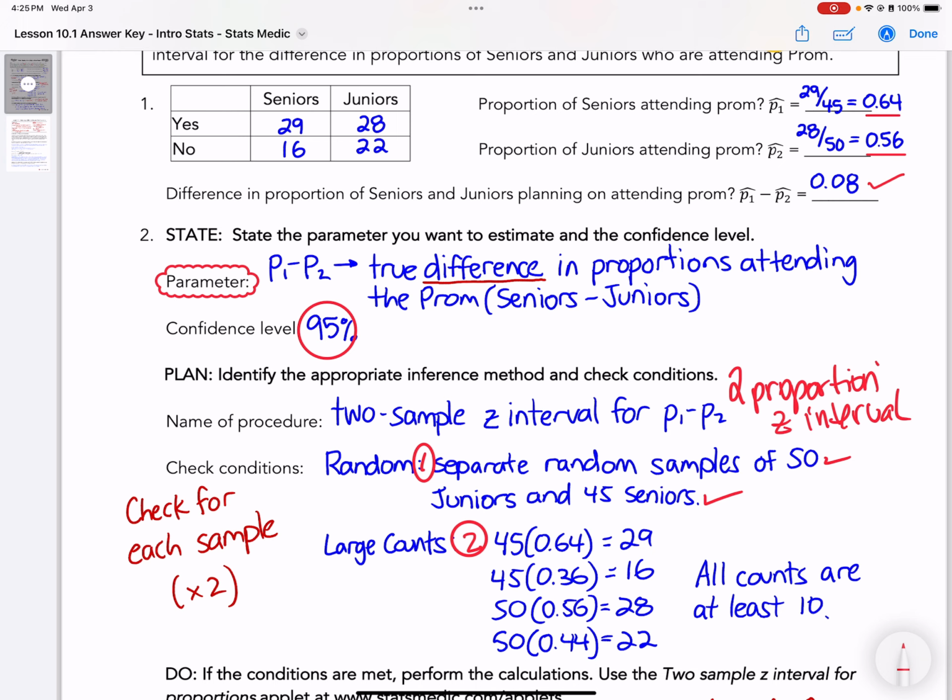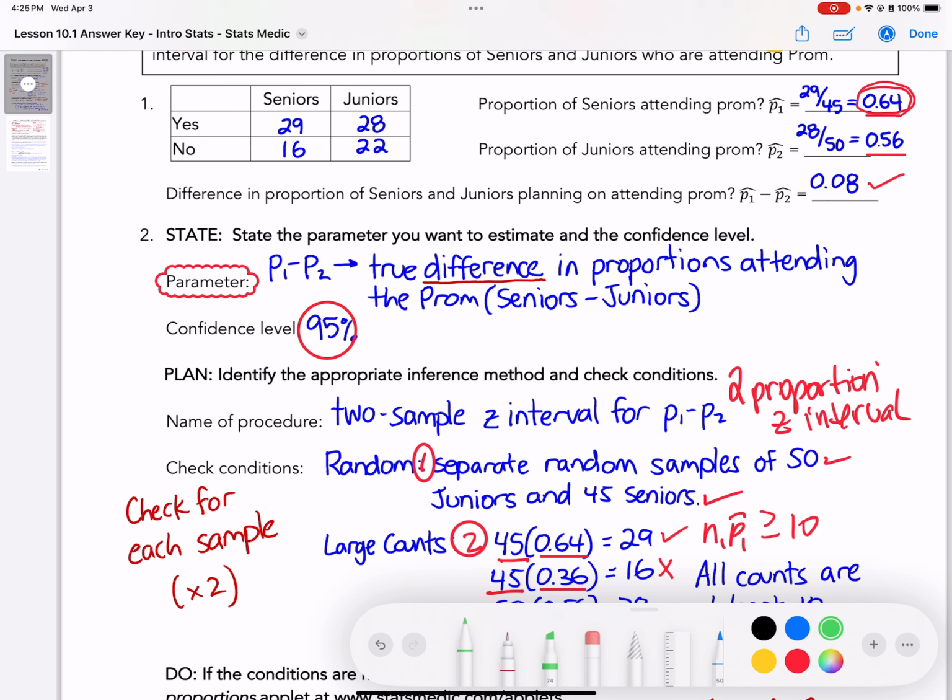For large counts, I have to check each sample. Remember, np has to be greater than or equal to 10, and that's for both. So that's 45 seniors times 64% and 45 seniors times 36%. The 64% is what this is right here. Basically, I'm making sure the seniors attending prom and the seniors not attending prom are both greater than or equal to 10. Then I do the same thing for the juniors.